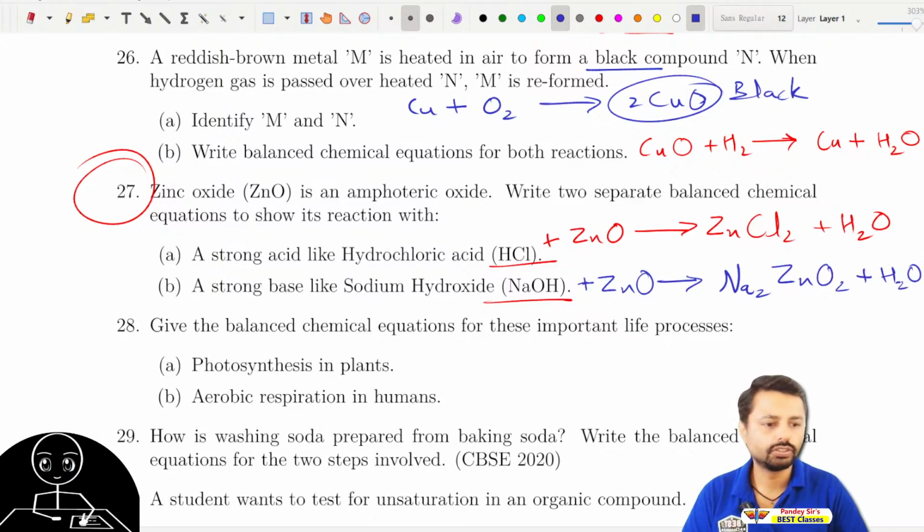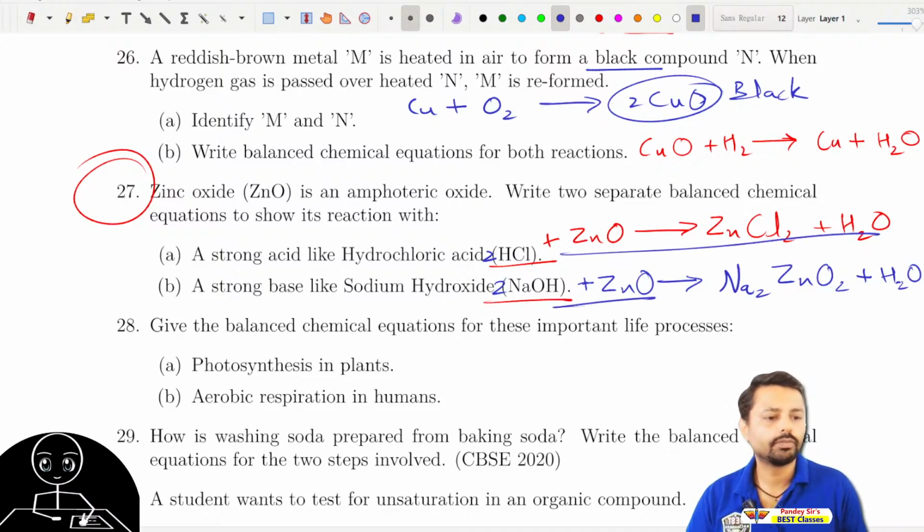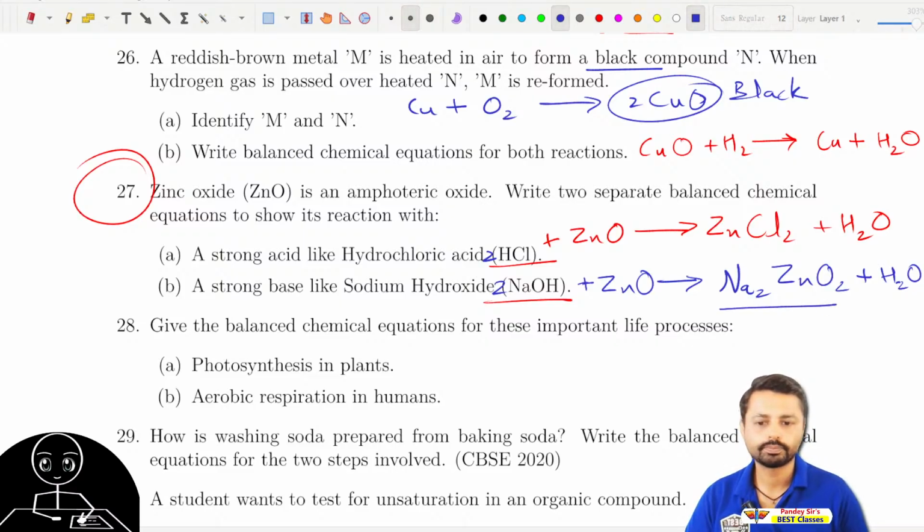It's not balanced, so the NaOH must be twice: 2NaOH plus ZnO gives Na2ZnO2 plus H2O. For the first, only 2 HCl we should take. Yes, seems balanced. These are the balanced reactions. The common ones are repeated many times. This one, Na2ZnO2, is a new, extraordinary one.